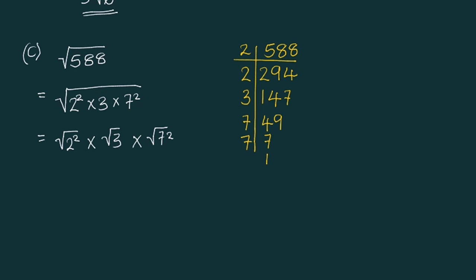And the square root of 2 squared is 2, right? And it's multiplied by the square root of 3, which cannot be simplified any further, and the square root of 7 squared, which is 49, is 7. So simplifying this, multiplying 2 and 7, we get 14. So our solution comes out as 14 root 3. And I just hope you got that answer correct.